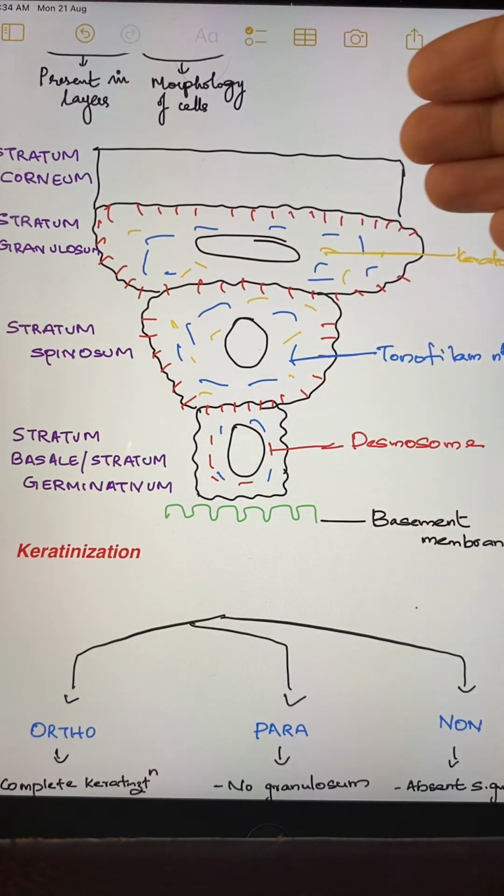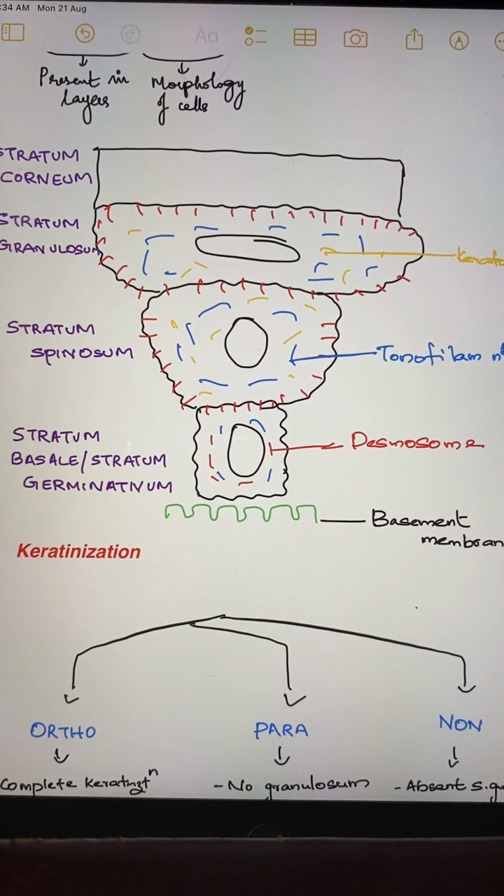After reaching the surface, it is shed off. That is known as desquamation. This process of migration of an epithelial cell from the basal cell layer to the surface is known as maturation. The time taken by a cell to divide and pass through the entire epithelium is known as the turnover time.